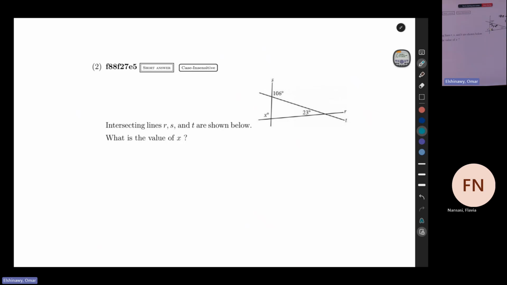Yeah, I could be wrong. So this angle here is 83. Yeah, you can just draw a line. Okay. This is 83 degrees, and then to find x is 180 minus 83.